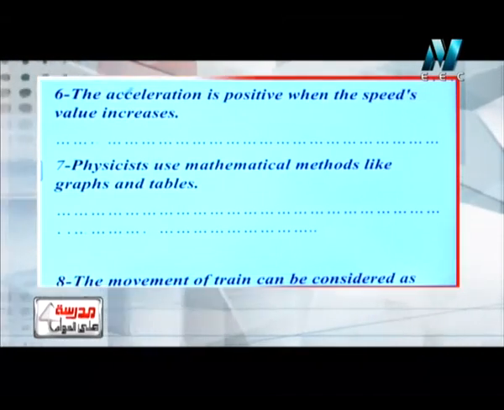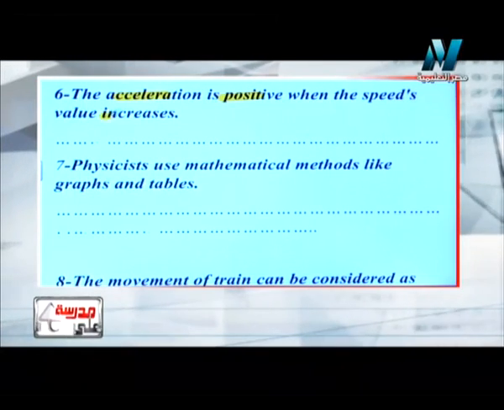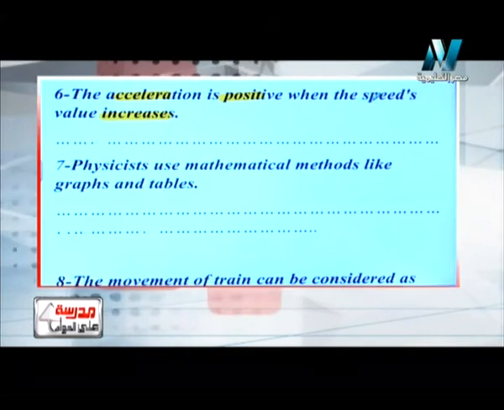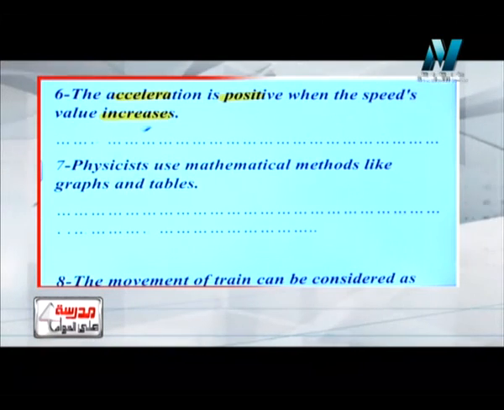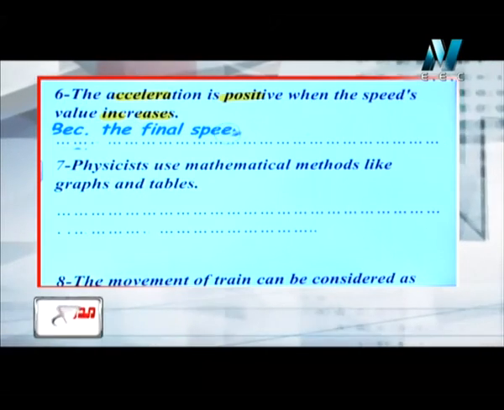Question number 6: acceleration is positive when the speed's value increases. And we know acceleration becomes positive. Why? Because final speed is greater than what?